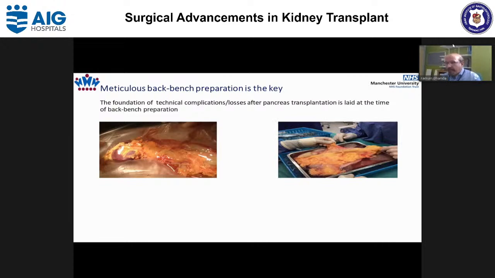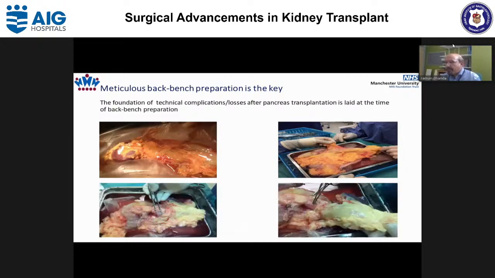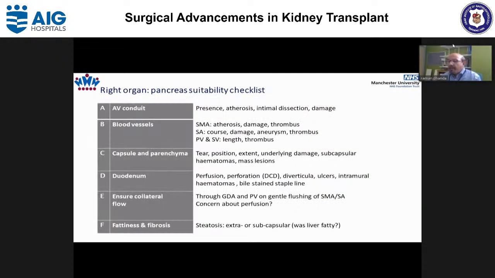before proceeding with the pancreas, are able to decide which is the right or the wrong pancreas to transplant. I've devised a checklist here, which takes only about 10 minutes to assess the suitability of the pancreas.